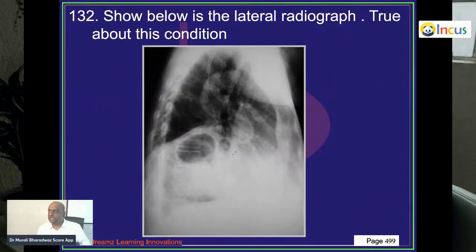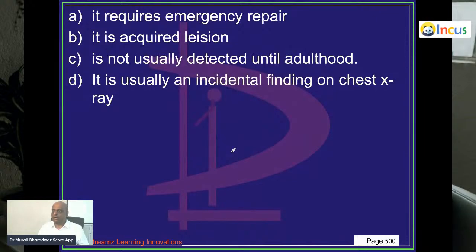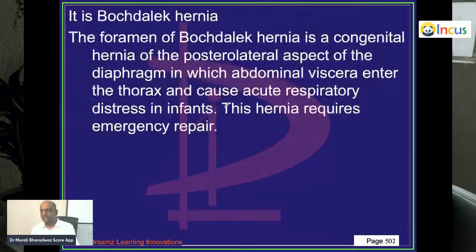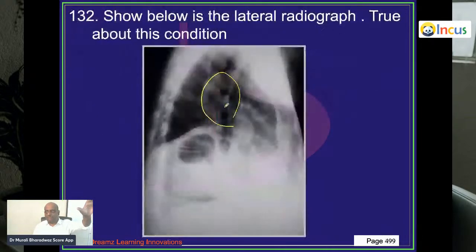So here you can see the lateral radiograph. What is it that you are seeing, doctor? This is a Bochdalek hernia, a diaphragmatic hernia, where the abdominal contents come into the thorax. It is at the posterolateral aspect of the diaphragm.